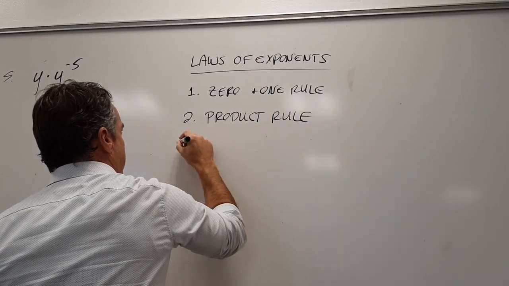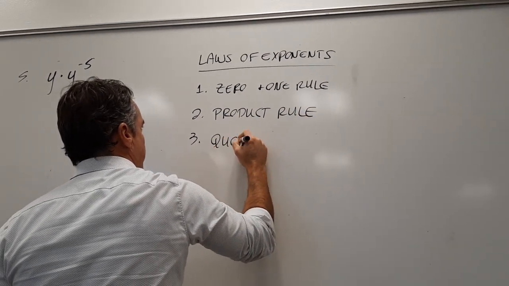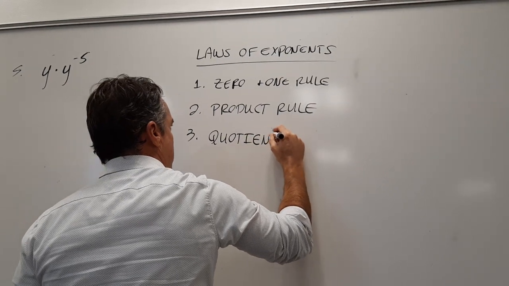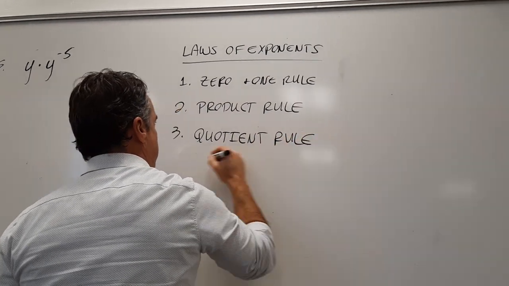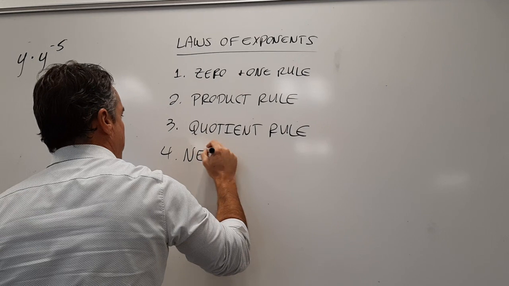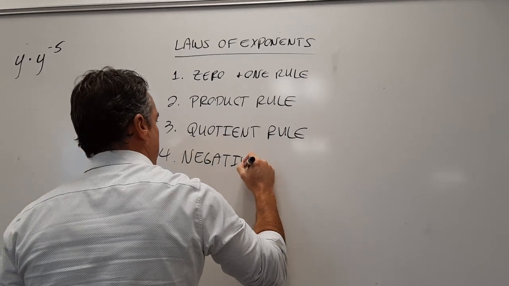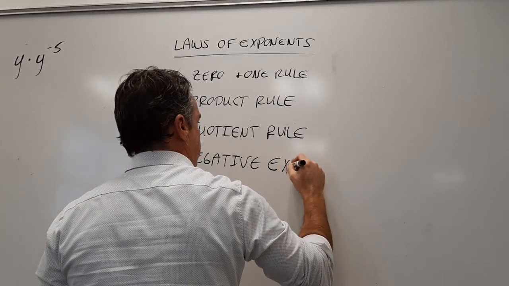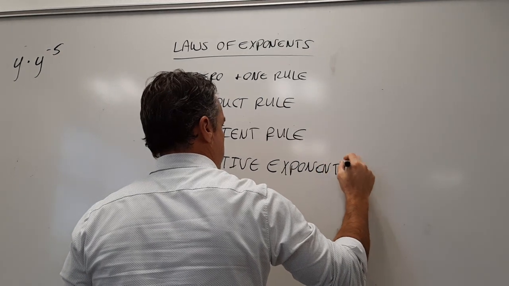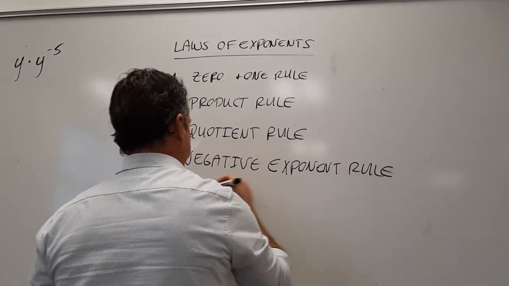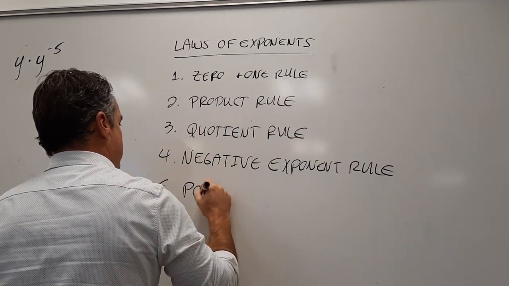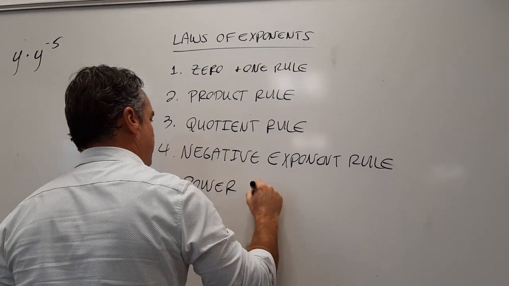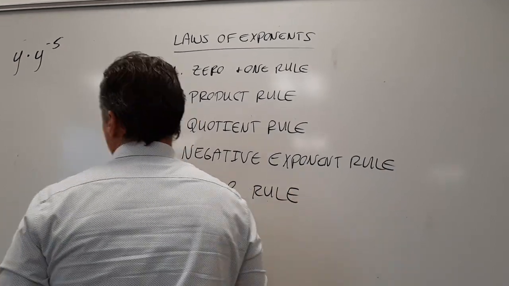The third is the quotient rule. The fourth is the negative exponent rule. And the fifth is the power rule. And that's just to keep a list here of what we're looking at.